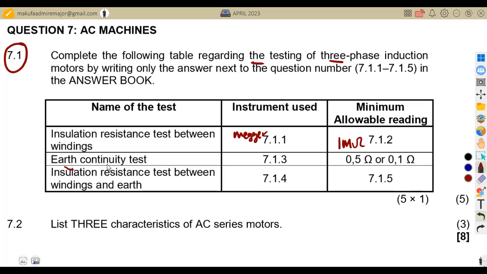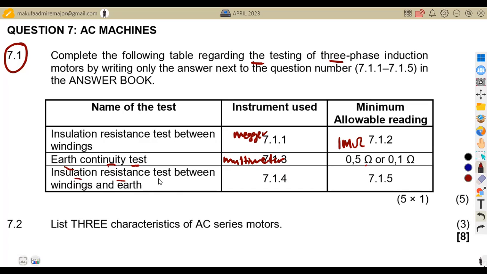Then for the earth continuity test, we are going to work with the multimeter, or a megger on the ohm scale, because we need to measure resistance. So we are going to put our megger on the ohm scale. There we are already given in ohms the minimum values, 0.5 and so forth.